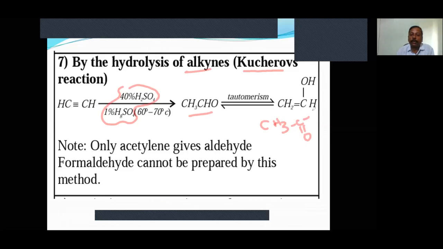So this is the acetaldehyde. Now this hydrogen will go here and the double bond will come here. So it is going to form alcohol also. Understood? Acetylene gives acetaldehyde. Formaldehyde cannot be prepared by this method. We don't have a triple bond with one carbon atom. Can we have that? No.